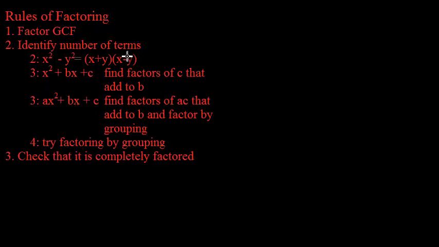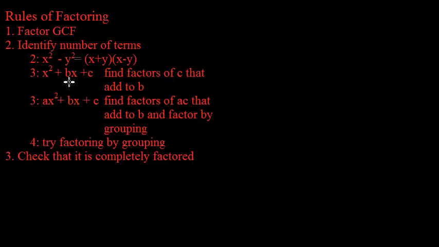One's positive, one's negative. If there are three terms, I have two options. If it does not have a coefficient in front of my x squared term, I assume a coefficient of 1, then all I have to do is find factors of c that add up to b, factors of my last term that add up to my middle term.